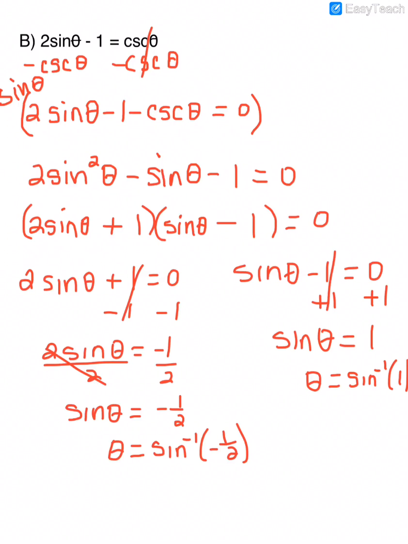Okay, so the angles whose sine are negative 1/2 and positive 1: sine is 1 at 90 degrees, and sine is negative 1/2 at 210 degrees and 330 degrees.